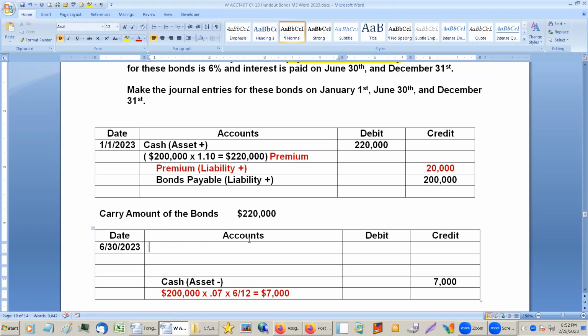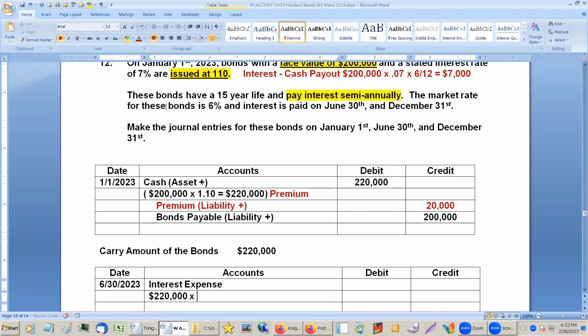So when we do our interest expense, we're going to take the 220,000 times the market rate. I'll make those green.